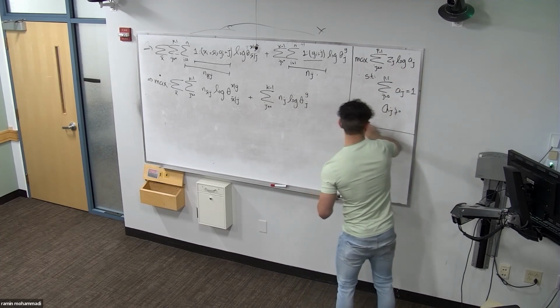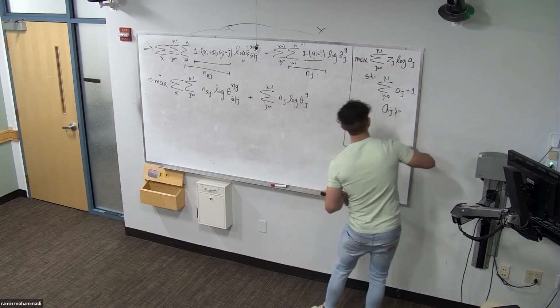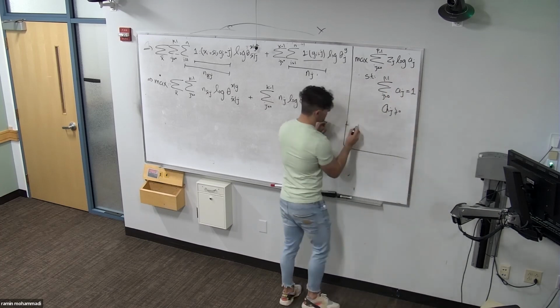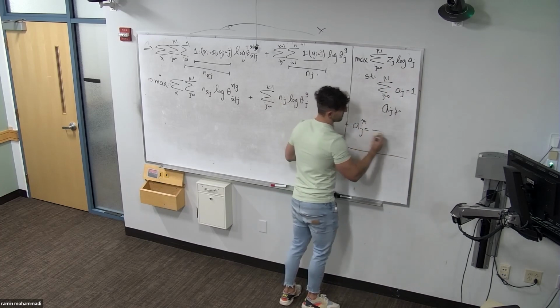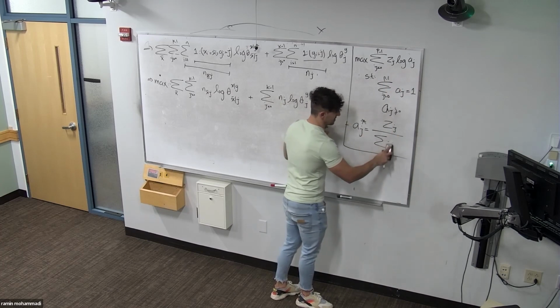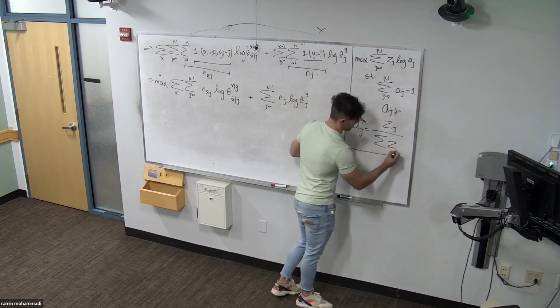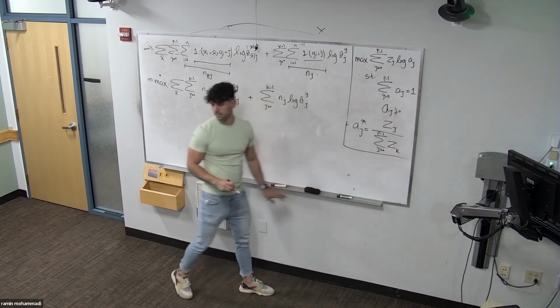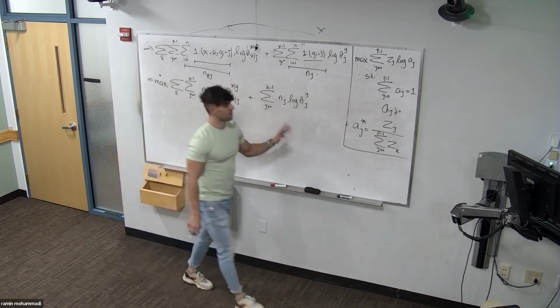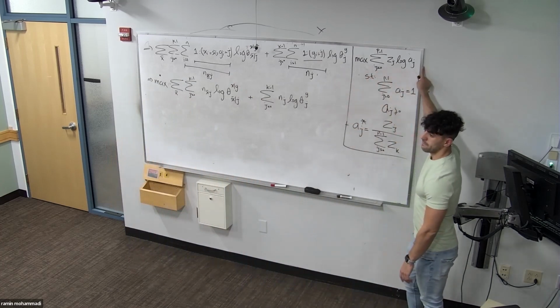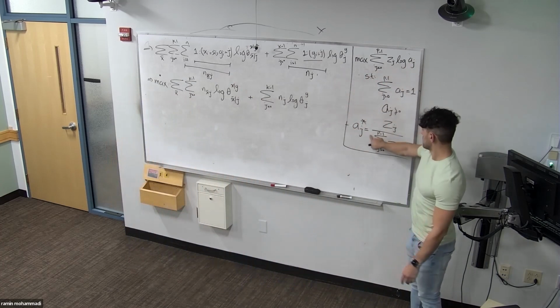If you have such a problem defined, with this objective function and the following constraints, the optimal value of Aj becomes Zj divided by the summation of Zj's. This is a theorem that says if you have any problem defined this way, the optimal value for Aj comes from this formula.